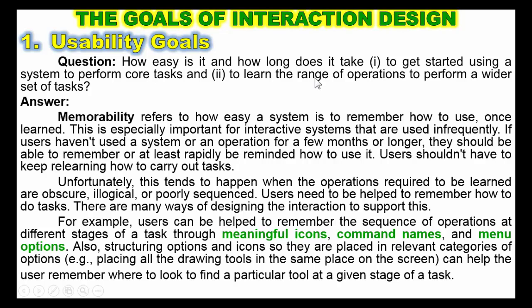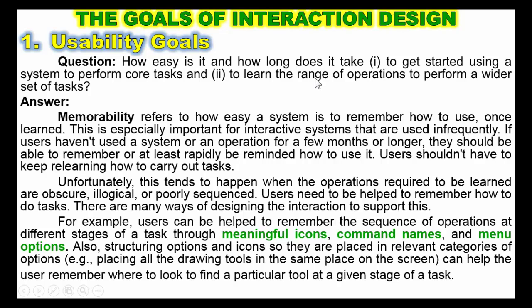If users have not used a system or an operation for a few months or longer, they should be able to remember or at least rapidly be reminded how to use it. Users should not have to keep relearning how to carry out tasks. Unfortunately, this tends to happen when the operations required to be learned are obscure, illogical, or poorly sequenced.